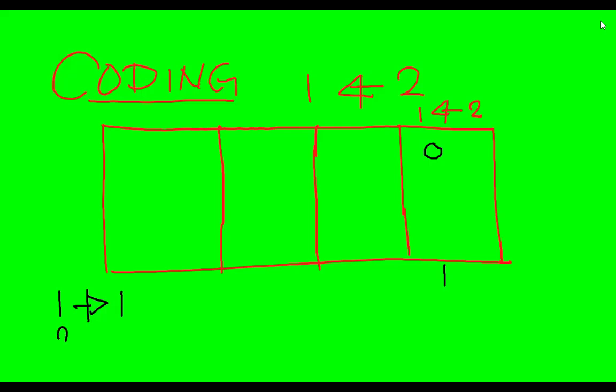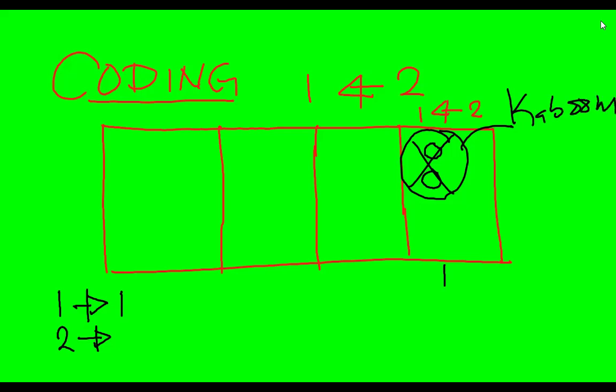Now, something interesting happens. What's the coding for 2? I add another dot there, and you got it right. Kaboom! An explosion. This generates 1 dot on this side. It's a 2-1 machine, remember? So you get 1 dot in the tens place value.